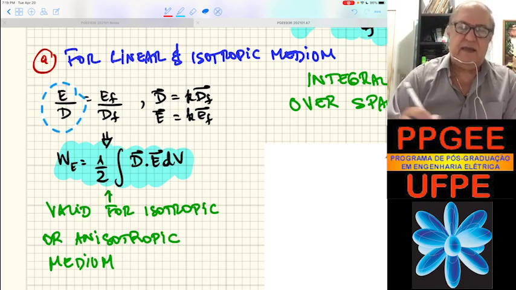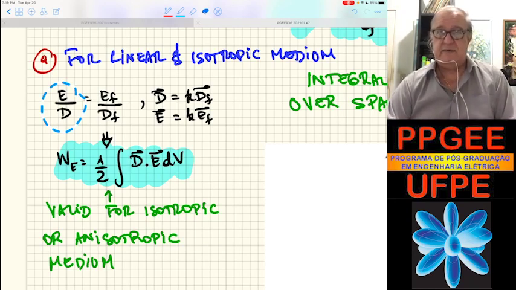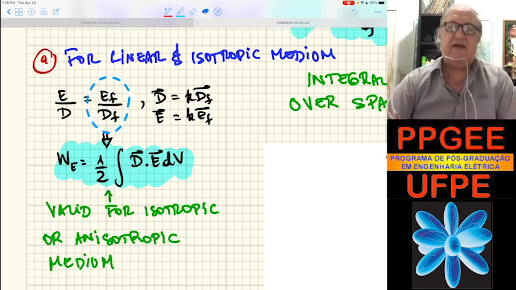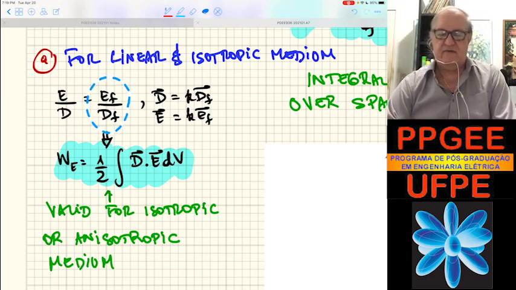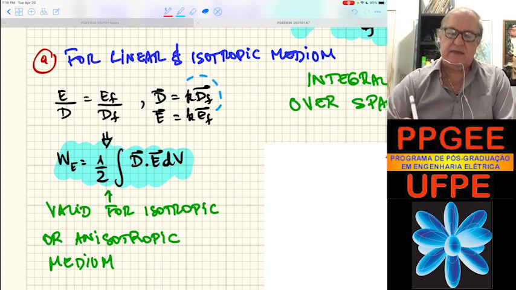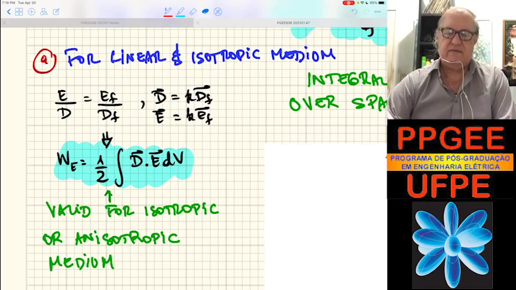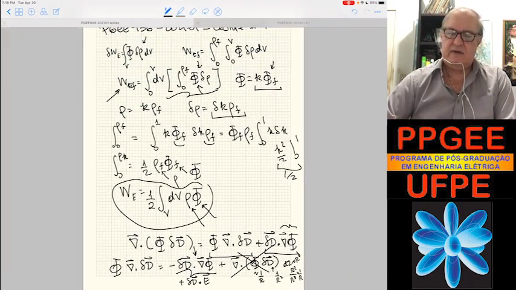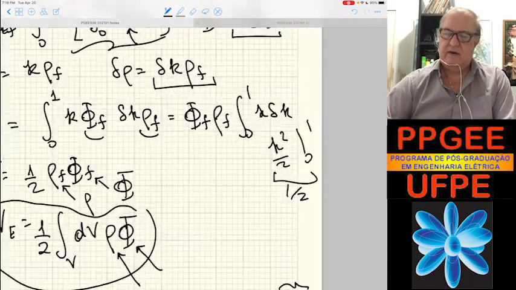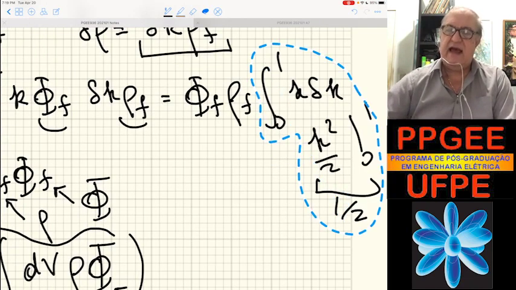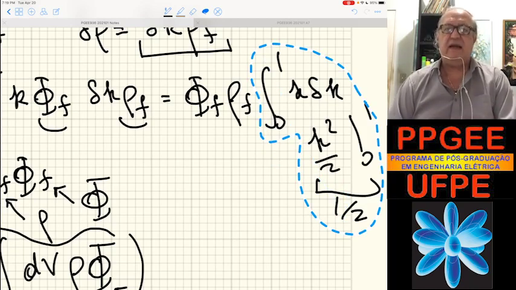The ratio between E and D in a linear system is constant, the permittivity of the medium, equal to the ratio between final values. So we can again parameterize by a variable k, as we did for the potential. We are going to essentially have the integral of k dk from 0 to 1, which is going to be one half. So we're going to have a factor of 1/2 coming in.